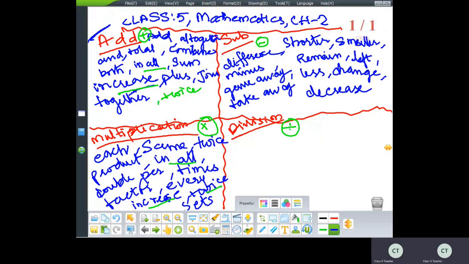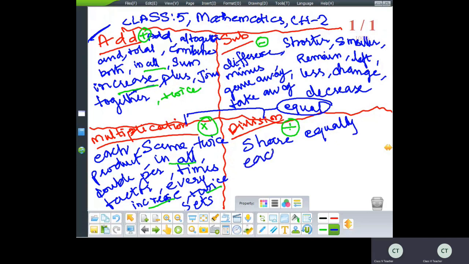One thing is common between multiplication and division: both are done when there are equal number of things, equal parts, equal items or whatever it is. Now, what are the keywords you have for division? Share equally. When the keyword share equally is used, you will do division.